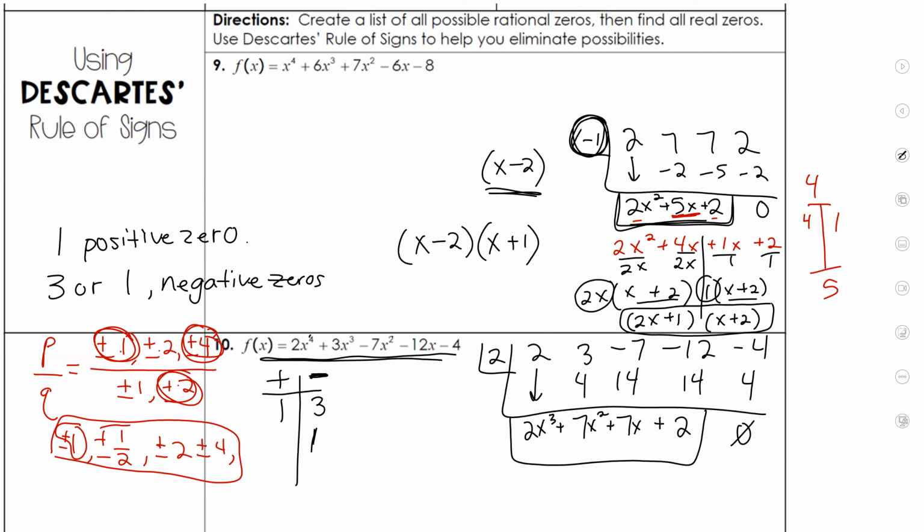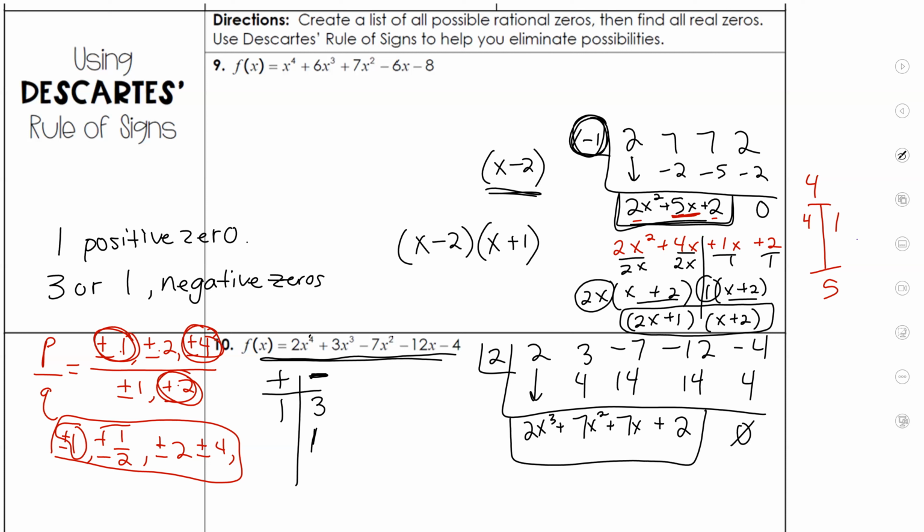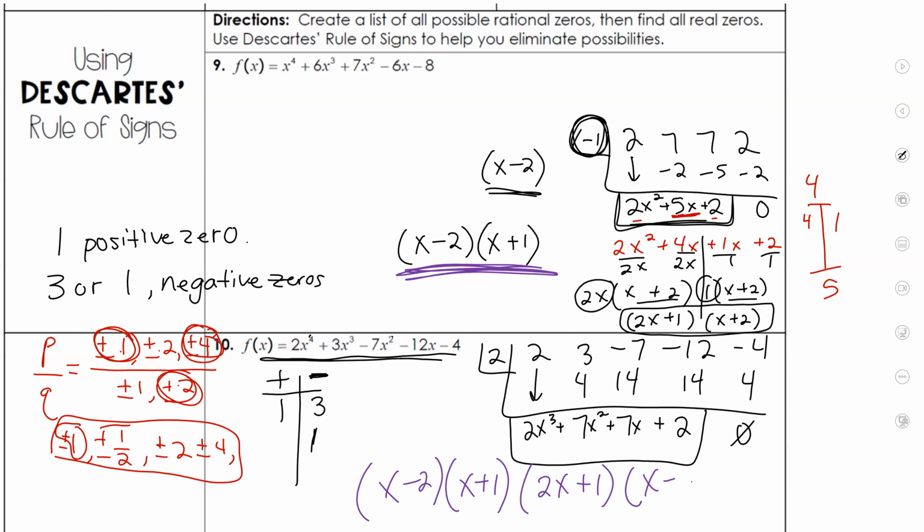Okay, so I'm going to write my answer in purple. My factors are x minus 2 and x plus 1. And then what I just found, 2x plus 1 and x plus 2. These are my factors. I'm going to label this factors. So guys, based off of my factors, what are my zeros? -2, -1, -1/2, and 2.